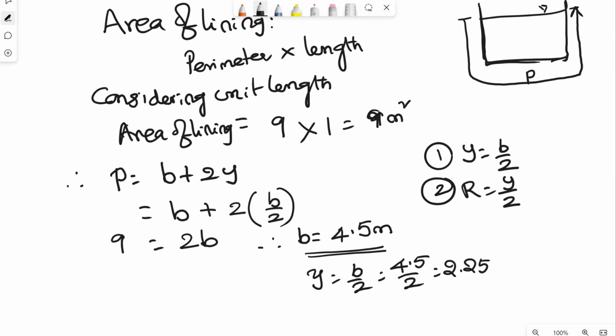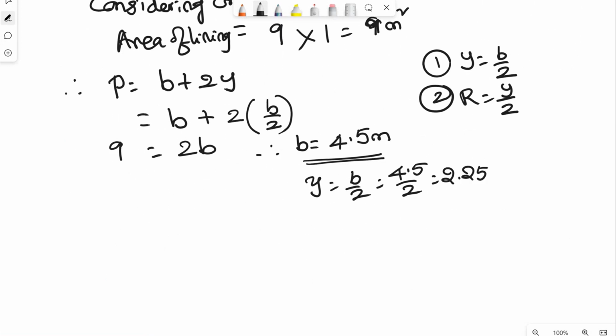But I kept the perimeter, the area of lining, the same. Kindly remember that. So based on these two dimensions, now again calculate the new discharge.